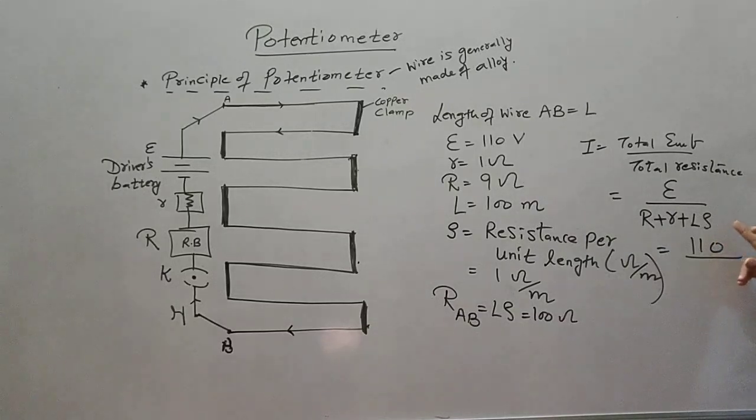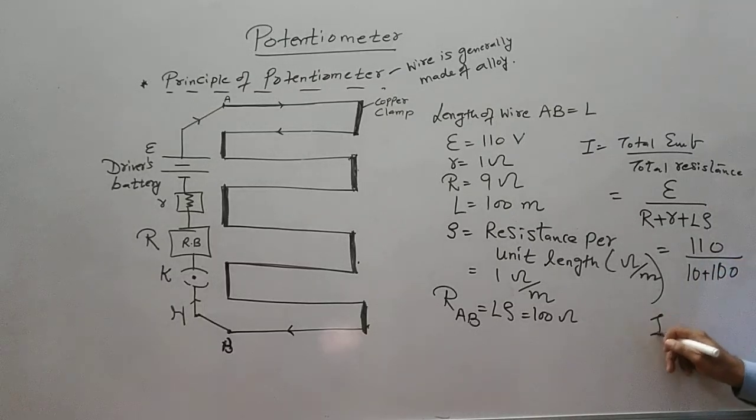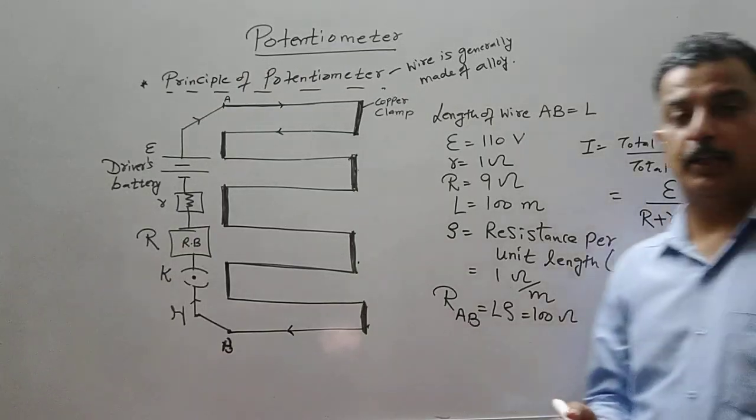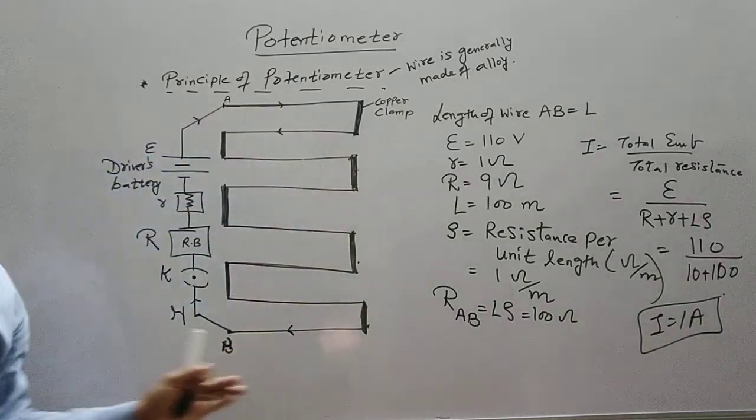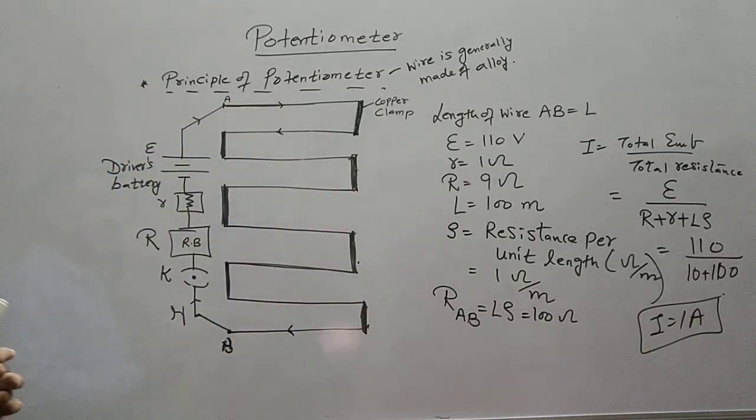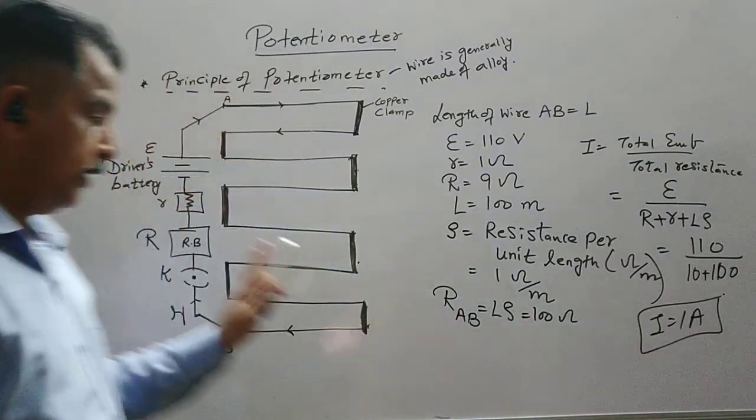So 110 divided by this value, that is 9 plus 1, 10, plus this value 100. So this is 110 only. So I will be equal to 1 ampere. So this 1 ampere of current will be flowing through this potentiometer wire. The first thing we have to understand is that 1 ampere current will flow in the circuit.